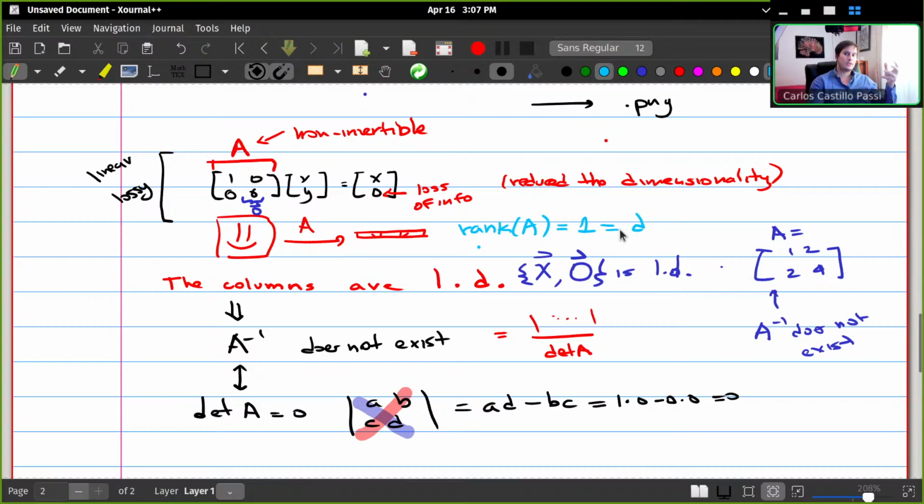In other words, if the matrix has a span that is the same space, or saying it the other way, if all the linear combinations with the columns of the matrix represent the whole space, that means that the rank of the matrix is equal to the dimensionality of the space.